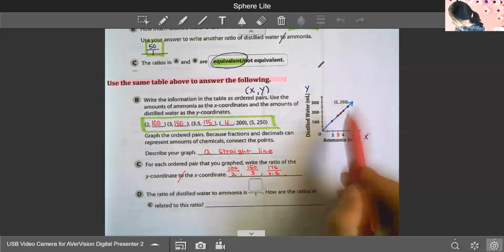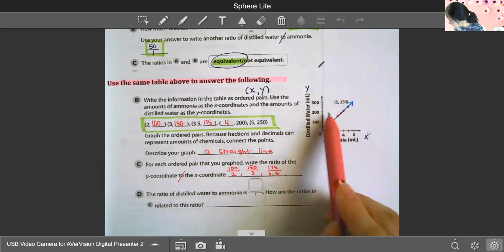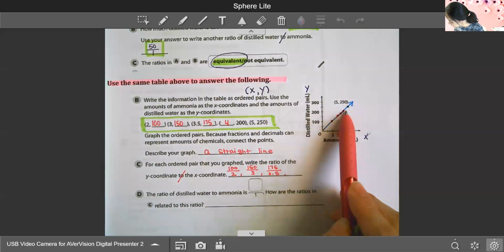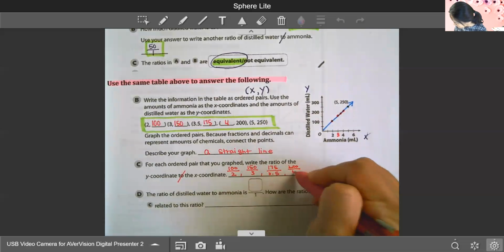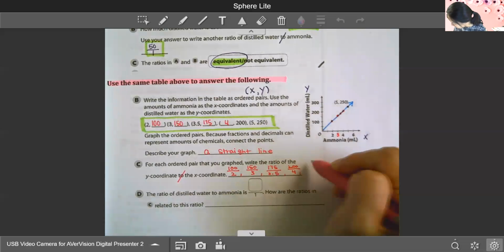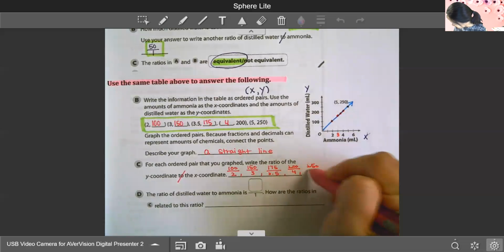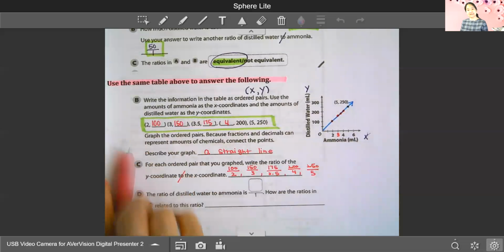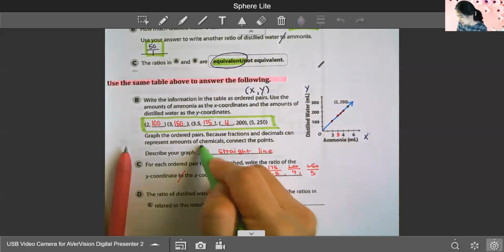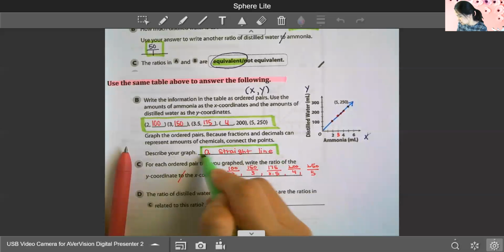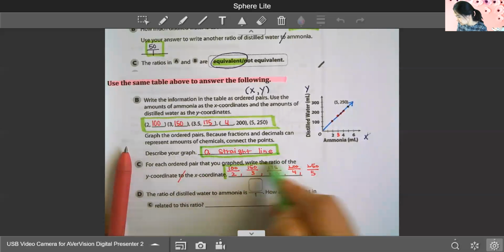The last one is 200 to 4. Well, actually, let's do one more, which is 250 to 5. So I just did the ratio of y coordinate to x coordinate. Let's box all of these answers nicely.